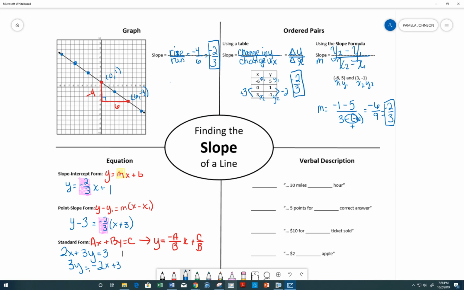And then we're going to divide everything by 3. Okay, so when we divide everything by 3, we end up back at y equals negative 2/3 x plus 1. And once again, here is that 2/3, and that is our slope. Okay?